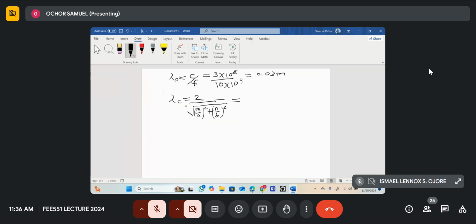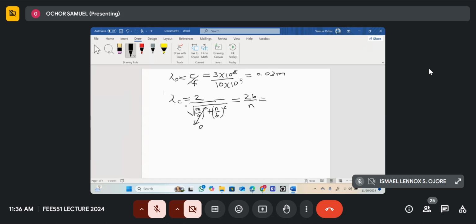We simplify to get lambda c equals 2 over n over b. So that's the formula we're working with. n will be the integers 1, 2, 3 onwards, and b will be the separation of the plates.